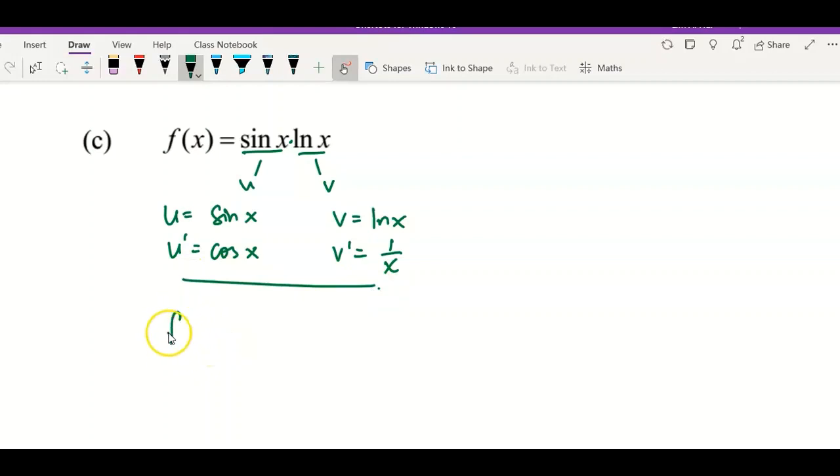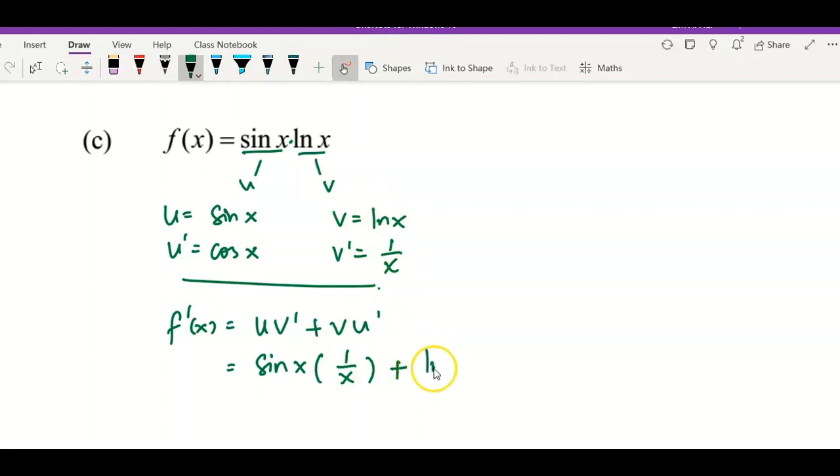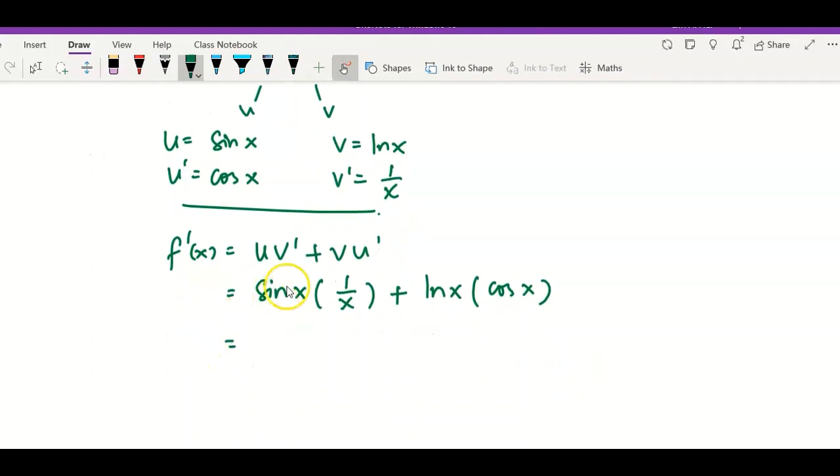If you've done this, you can directly proceed to the product rule, which is u v prime plus v u prime. Substitute what you have here. U is sine x, and v prime is 1 over x. Substitute in, and v equals log x. U prime will be cos x. Then simplify your answer. You have sine x over x plus cos x log x.